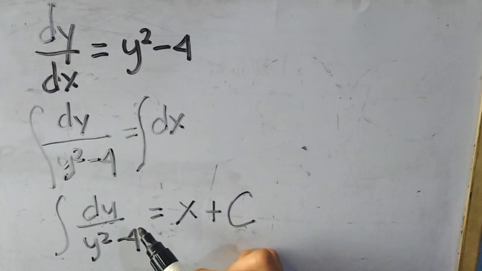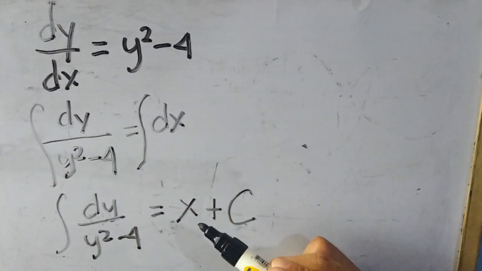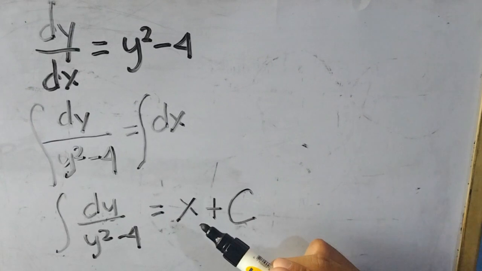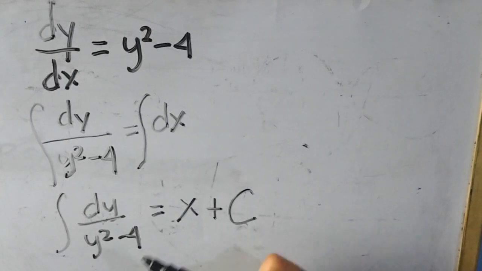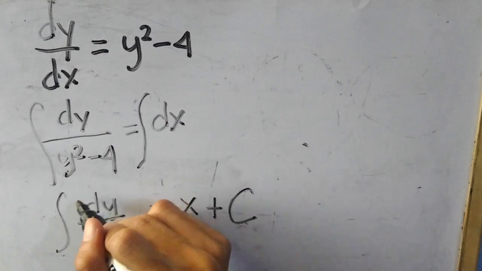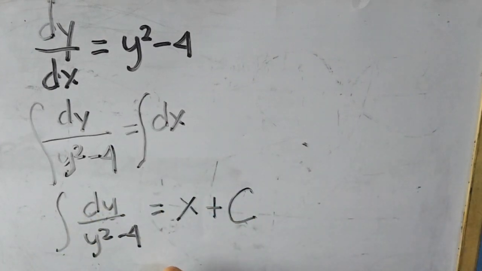So this type of integration falls under the method of partial fraction decomposition. In order to do that, we will cancel this dy first. So 1 over y squared minus 4 will be a over the factors of y squared minus 4.